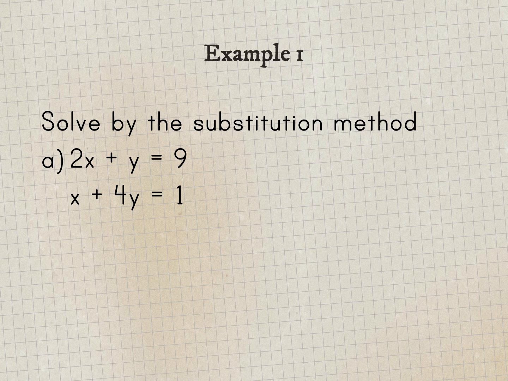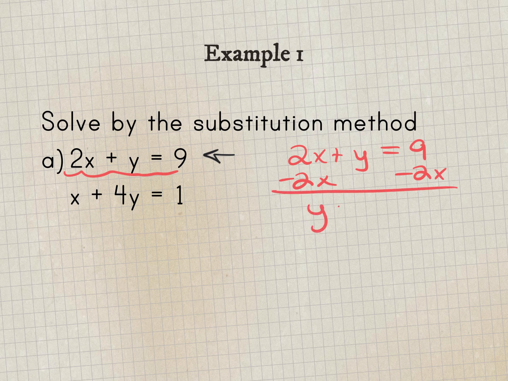I'm going to solve the first one, in red, and put it into y equals mx plus b form. The reason I'm choosing to solve for y is the coefficient in front of y is a 1, so I'm not dividing and ending up with a fraction. So y equals negative 2x plus 9.